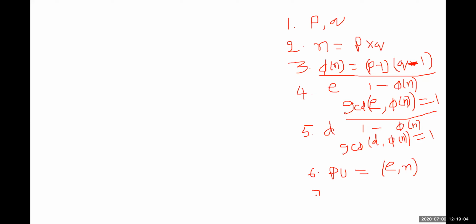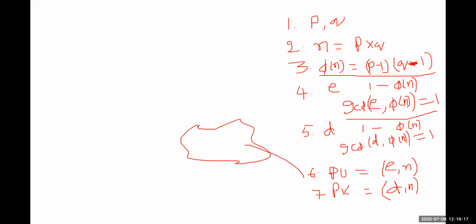The seventh is the private key, PK, which is equal to D comma n. The private key stays with you, and the public key you forward through the internet so that people can receive it and prepare their ciphertext. These are the 7 steps available with RSA.